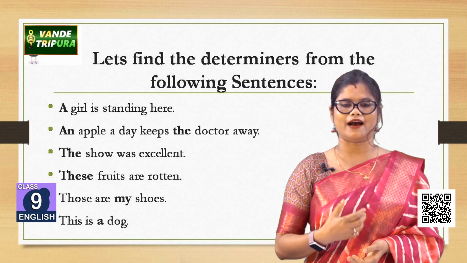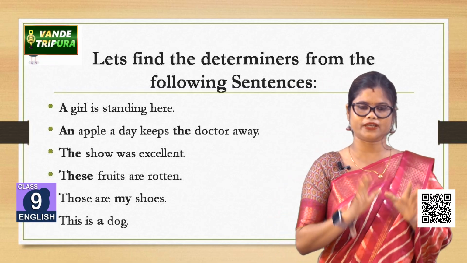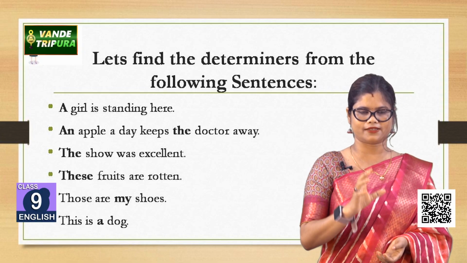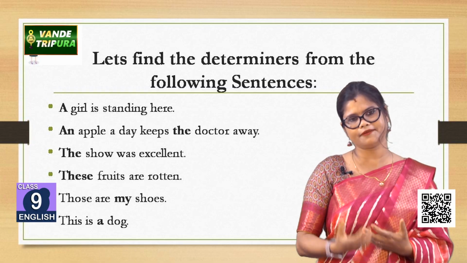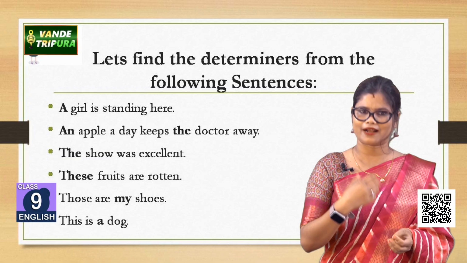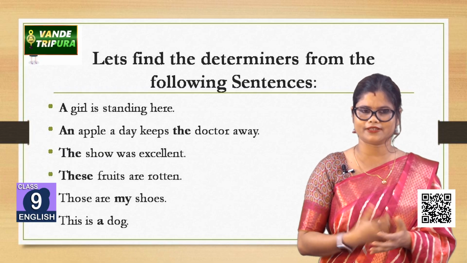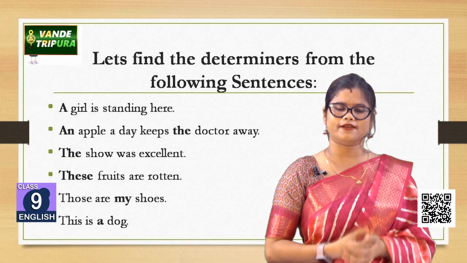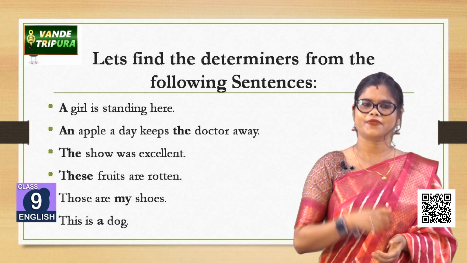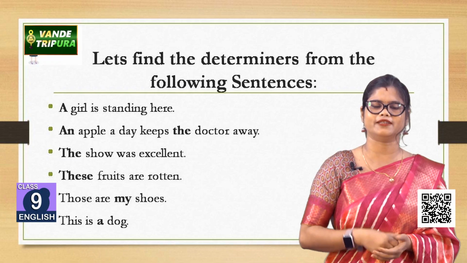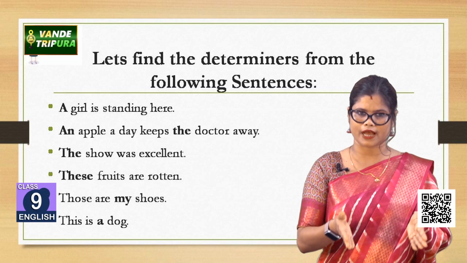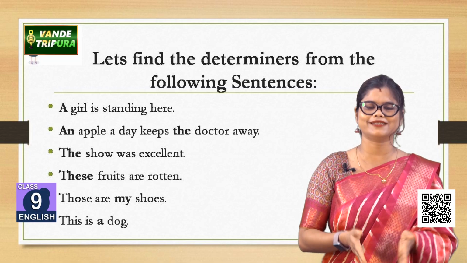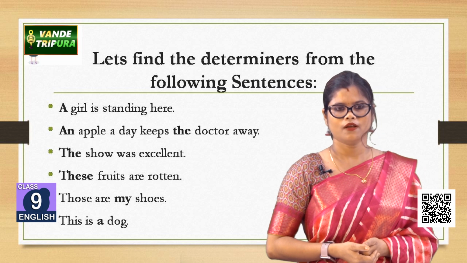These fruits are rotten, these fruits, so fruits is the noun, it is the name of things, eatable things. মানে এমন একটা জিনিসের নাম যেটা আমরা খাই, খাওয়ার জিনিস। তো fruits এর আগে কি আছে, these আছে। So these is here the determiner. How many fruits or which fruits, these fruits, I am mentioning these fruits, so this is here the determiner.